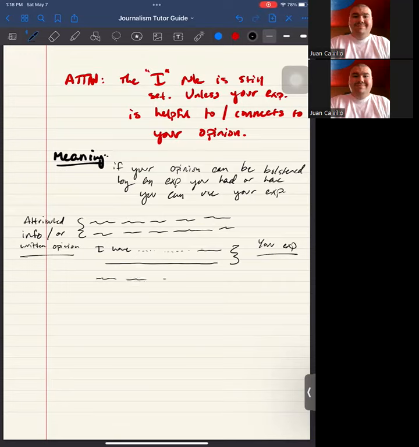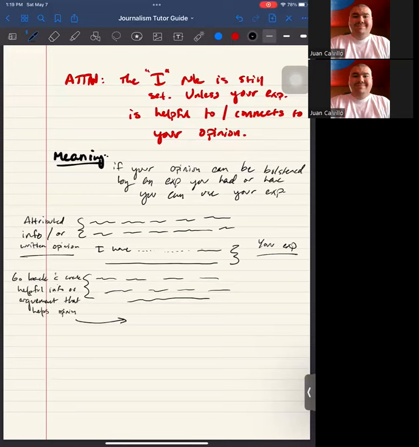Then you go right back and you create either helpful information or an argument that helps your opinion. But you stop using I. Move on.